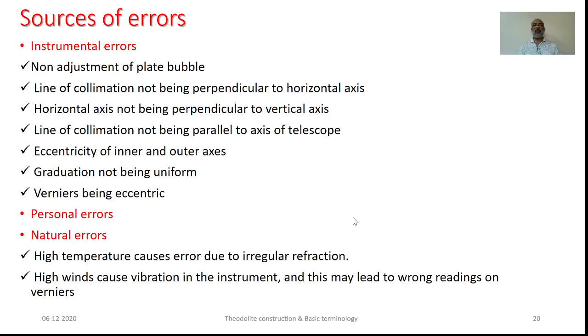As far as the vernier theodolite is concerned, one must have enough expertise, firstly to work out the least count of the equipment, and secondly to read the vernier divisions exactly, in order to present the capability of the equipment.